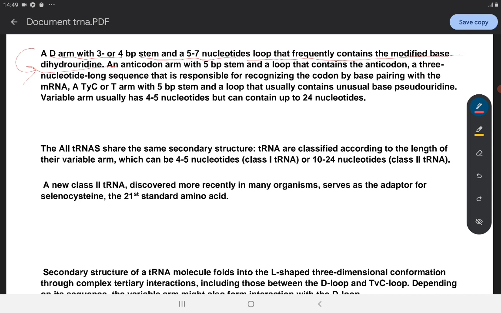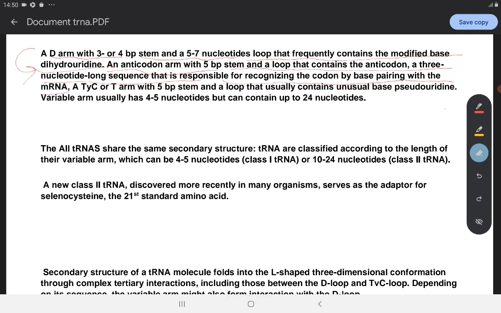What it means by modified base is that uridine is a common base found in RNA, and this uridine is converted into dihydrouridine. So it is a modified base that is added into the D arm. Okay, so that is an unusual base present. An anticodon arm with 5 base pair stem and loop that contains the anticodon, a 3 nucleotide long sequence that is responsible for recognizing the codon by base pairing with the mRNA.